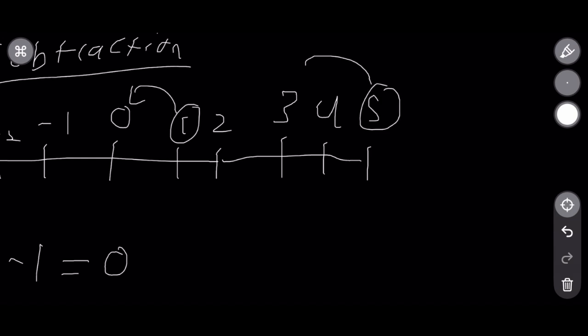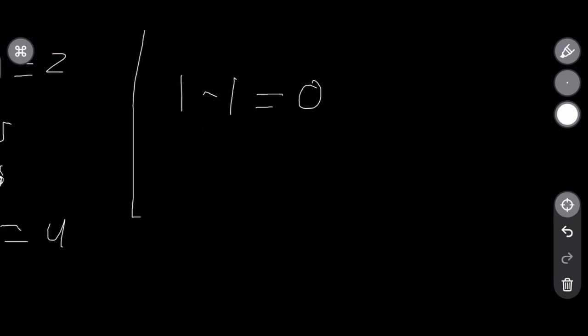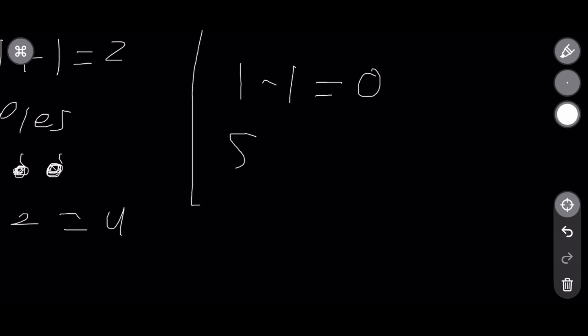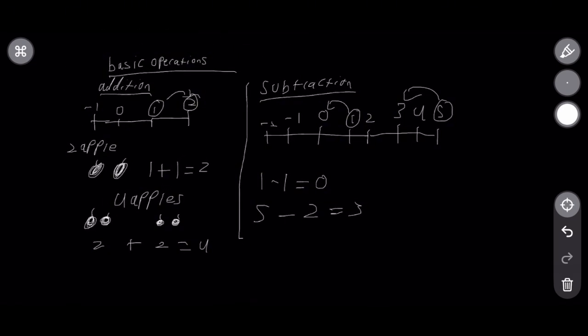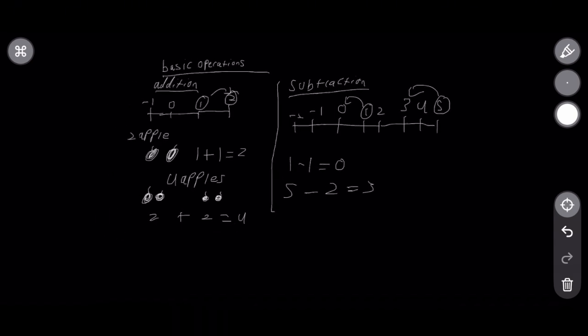Okay, let's say you go from 5 down to 3. John has 5 apples, and he goes down to 3. How many apples would have to be taken away from him? If you said 2, that's correct. So yeah, subtraction is just the opposite of addition, and it's things being taken away from other things.